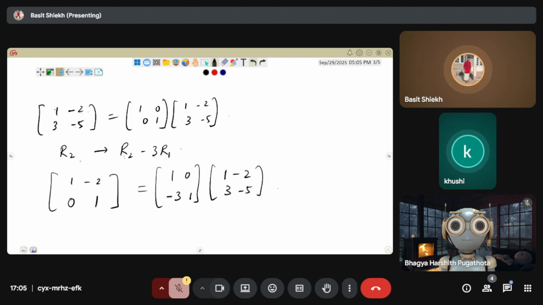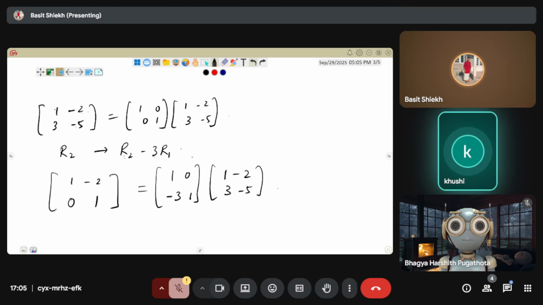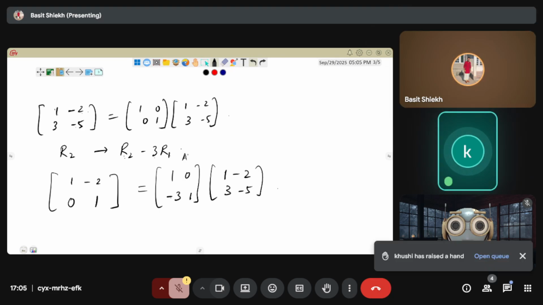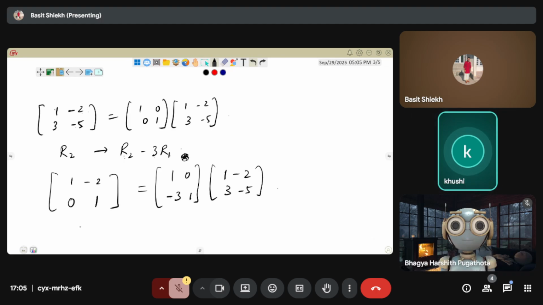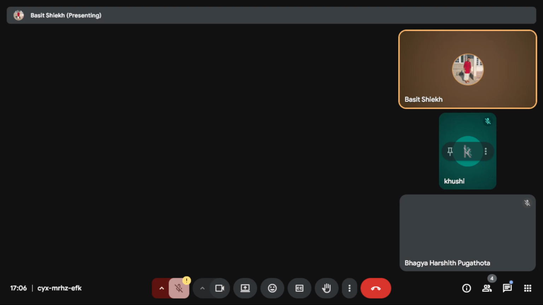Why are we applying row transformation? Row transformation in a product will apply on the first matrix. Is this clear? Now from this I will apply R1 gives R1 plus 2 R2.